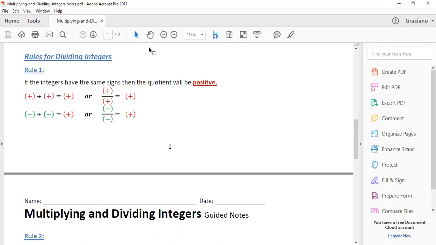And 4 divided by 2 is also going to give me a positive 2.